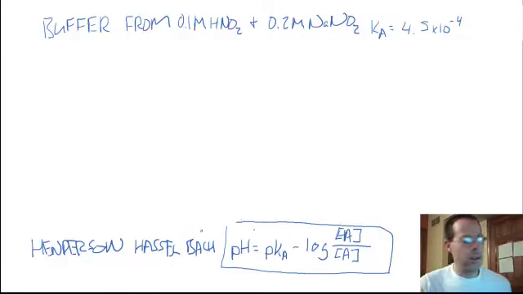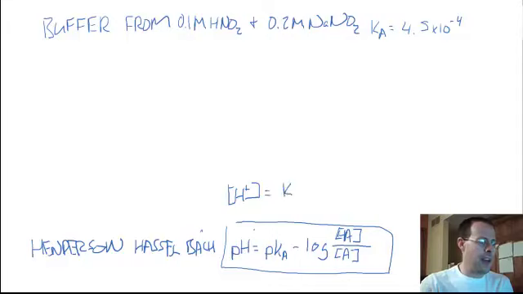So the breaking news is, instead of doing this, we're going to solve for this. We're just going to take the logs out of it, and say that H plus concentration equals Ka times our acid concentration divided by our base concentration.